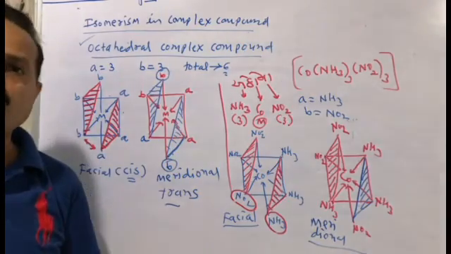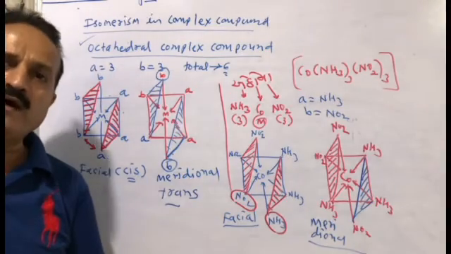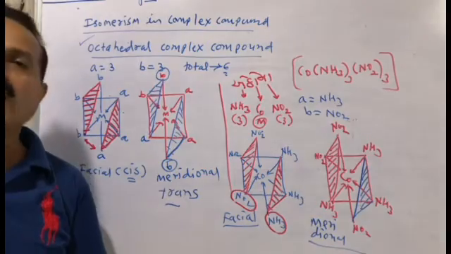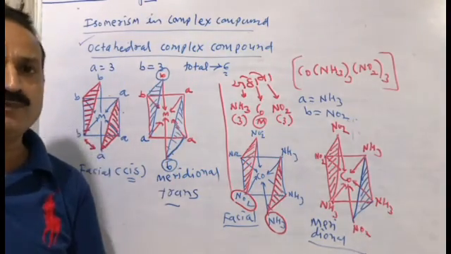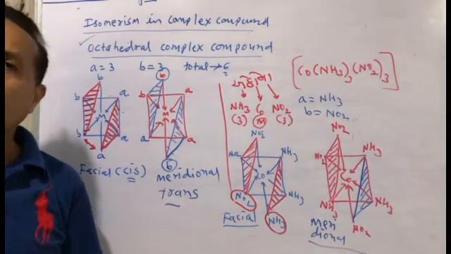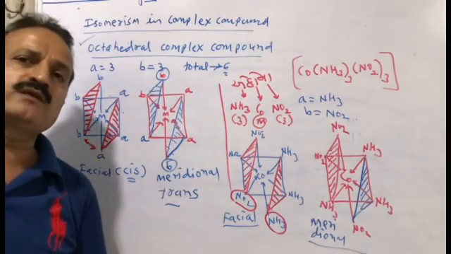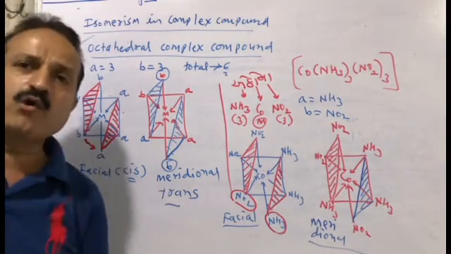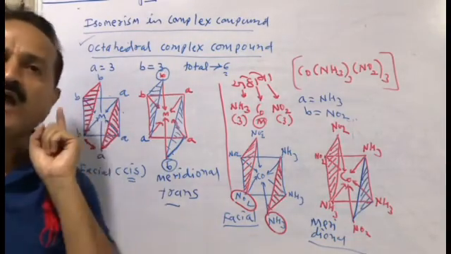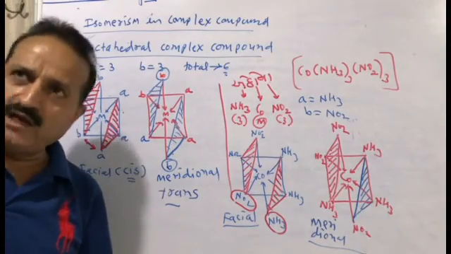A means ammonia, Co means cobalt, NO2 means nitro. Cobalt is 1 metal, ammonia is 3, nitro is 3. The isomer is facial if 3 ligands are very close to each other. If the same ligands are in opposite directions, then it is trans, said to be meridional. This is when there are 3 ligands of each kind, 6 ligands in total, and it is only seen in octahedral complex compounds. So kindly revise my lecture.